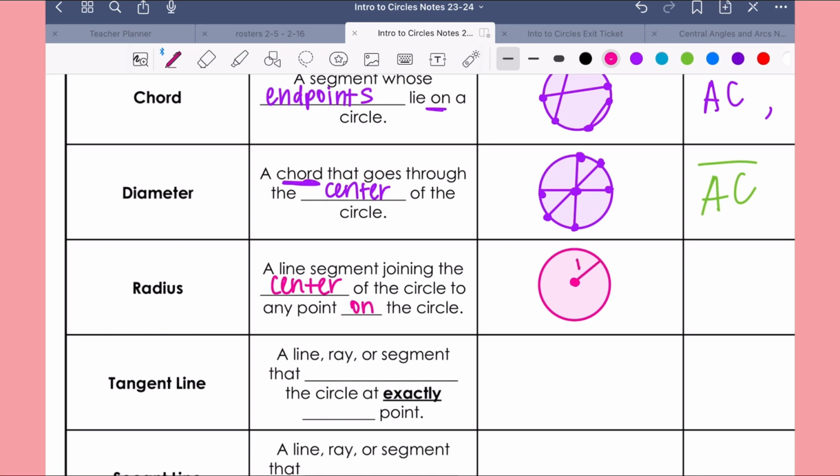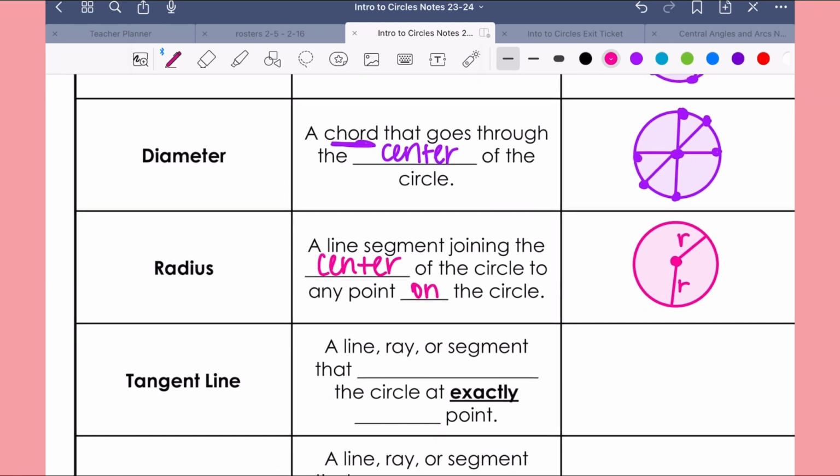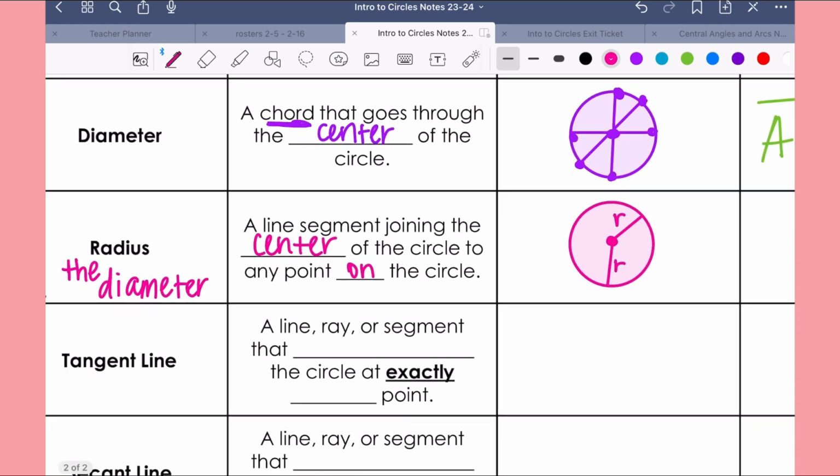That would be a radius. And it can also go this way. This could be another radius, and you can have more than one. If you don't remember this from middle school, the radius is actually half of the diameter. Maybe you do remember, but it's half the diameter, okay?